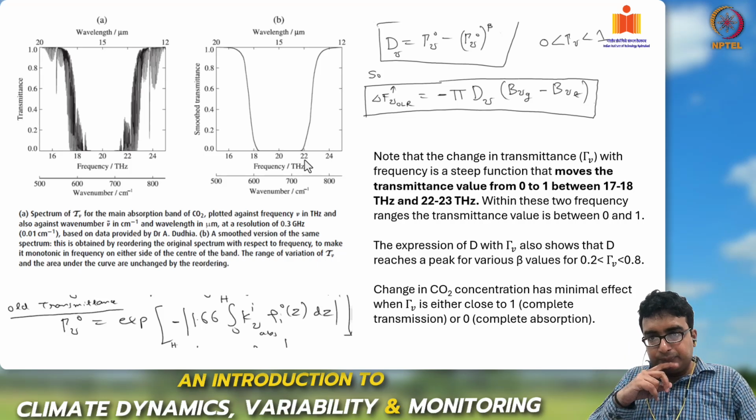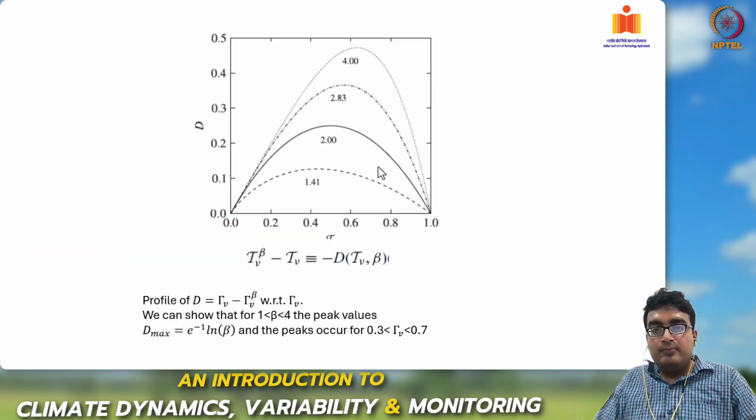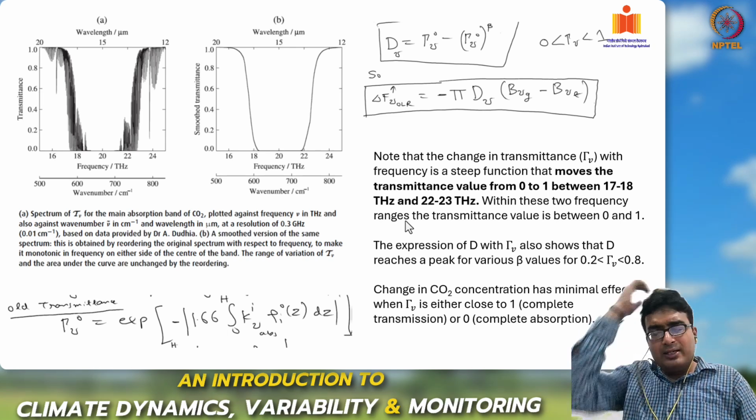And it is these values that are very important because the d nu term becomes non-zero only at transmittance values which are neither 0 nor 1. So, what does this mean?